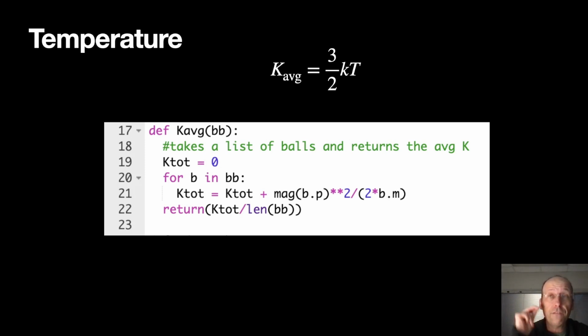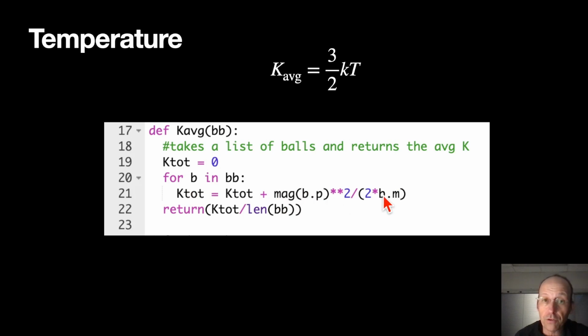To do that, I define a function that calculates the average kinetic energy. So I give it my list of balls. I call it BB in the function, and it returns the average kinetic energy. So I just take my list BB, and then I start with the total kinetic energy of 0. I go through each element in the list and calculate. This calculates the kinetic energy.